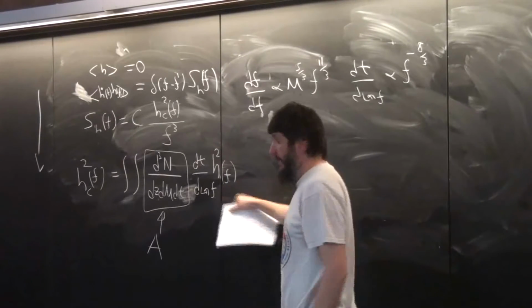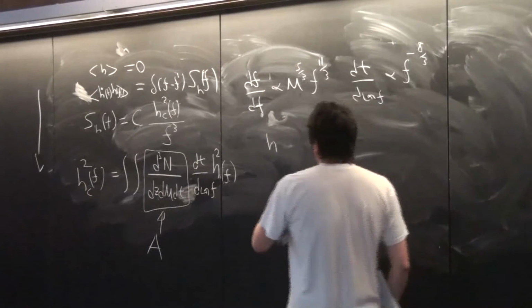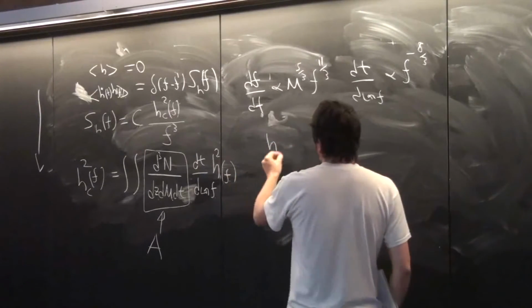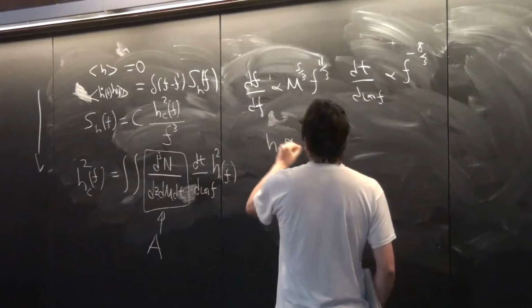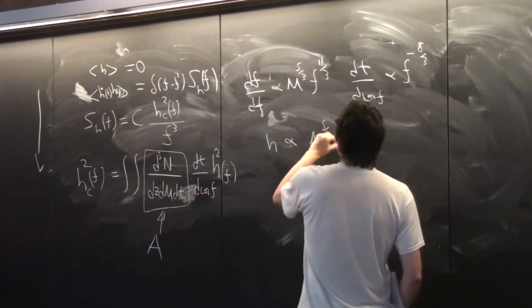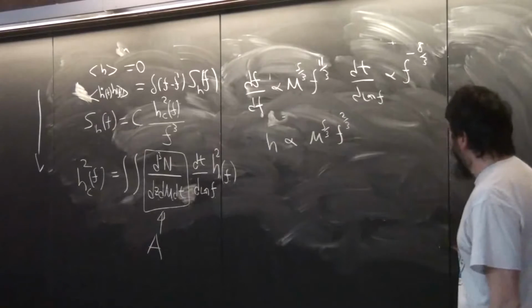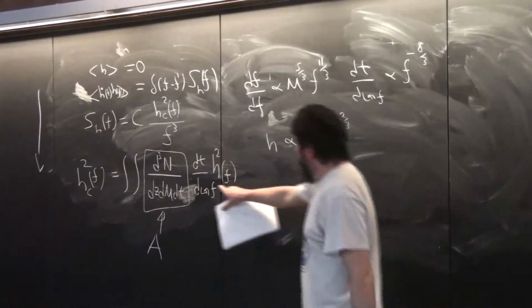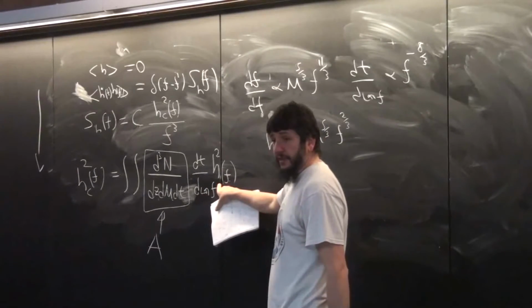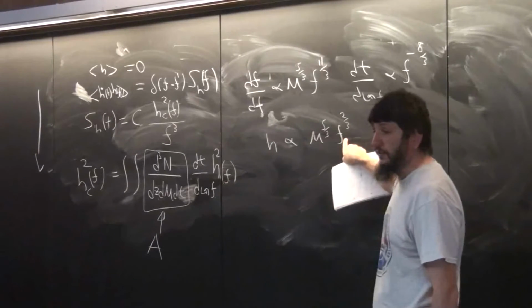h, the amplitude of the gravitational wave in a frequency bin, is something that goes with, well, again, chirp mass to the 5/3, in fact, f to the 2/3. Okay? So this times f squared, h squared is f to the minus 1/3 times f to the 4/3.